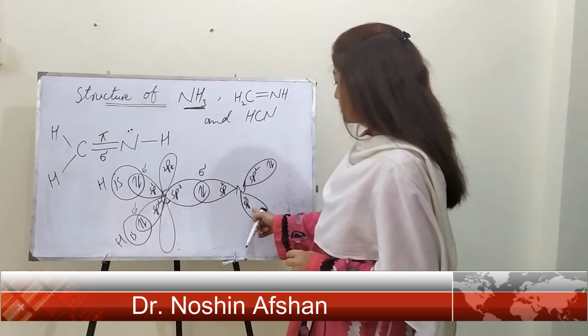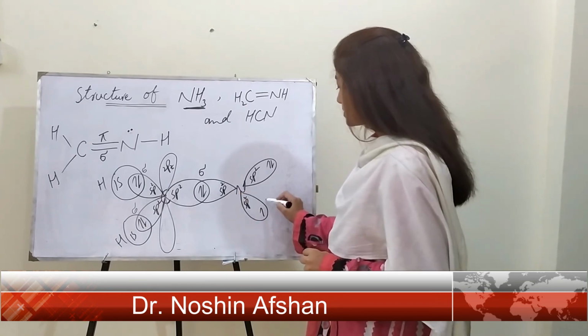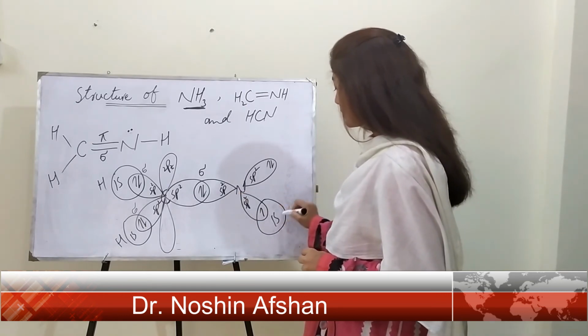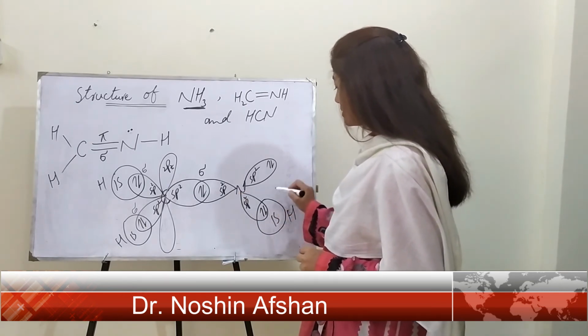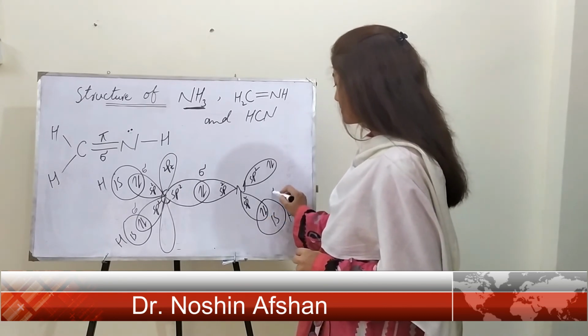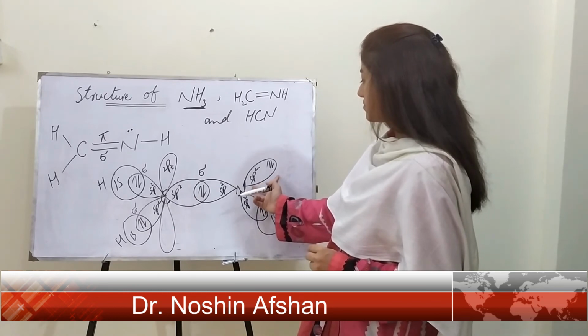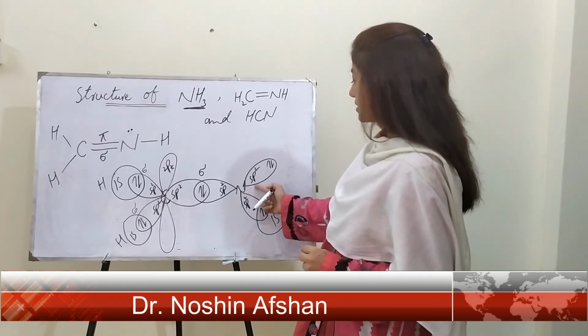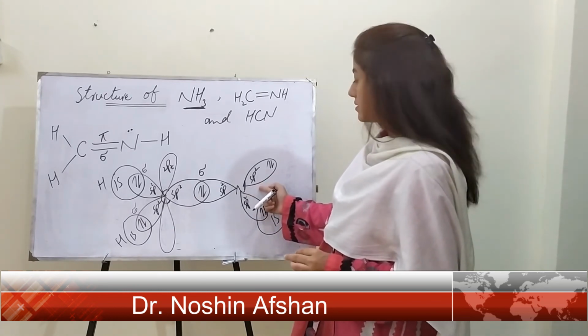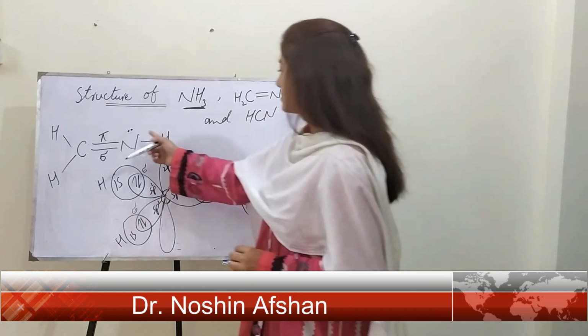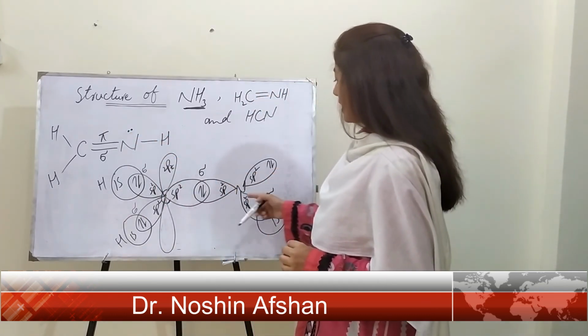And this sp2 hybrid orbital of the nitrogen would combine with the 1s orbital of the hydrogen to form a sigma bond. This is neither sigma nor pi bond, but it would be shown as this lone pair of electrons.